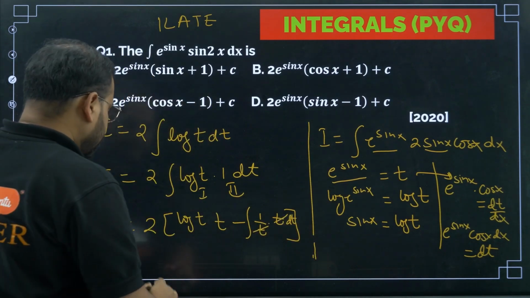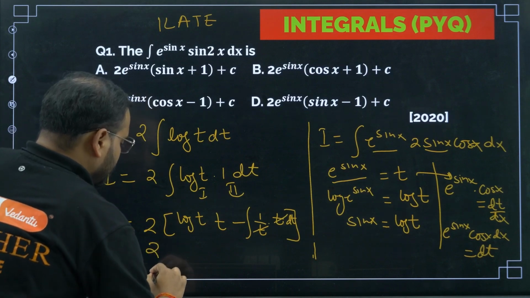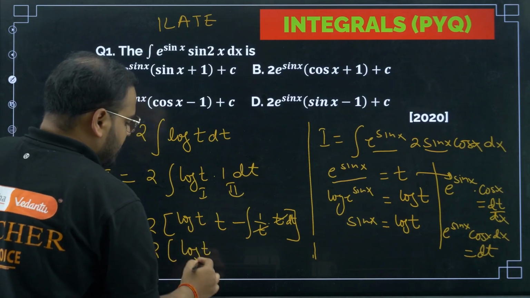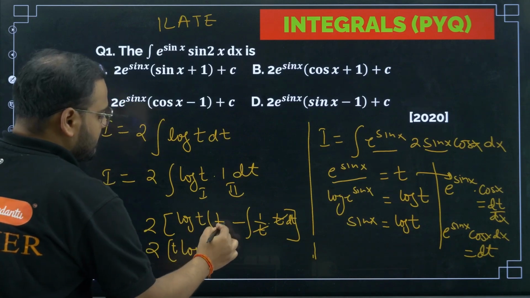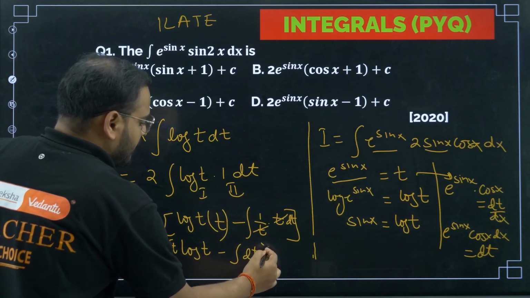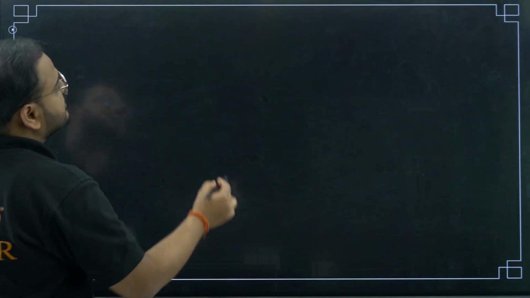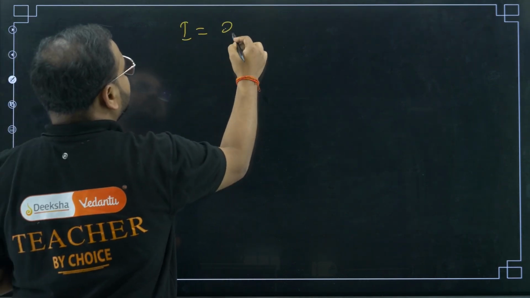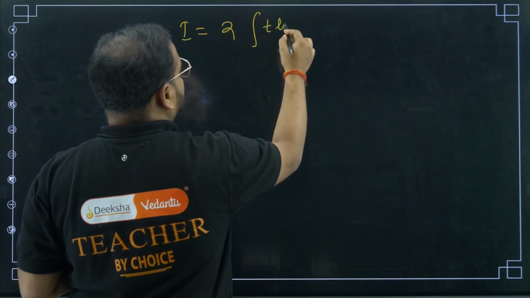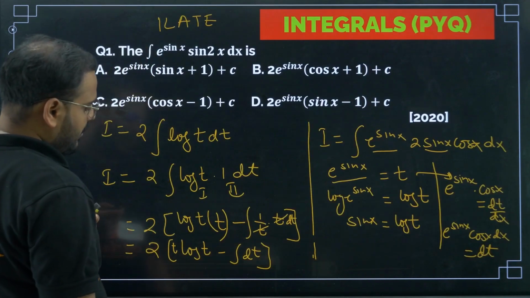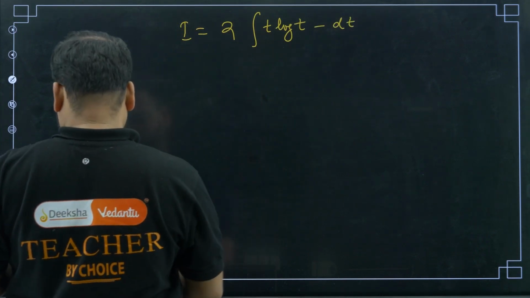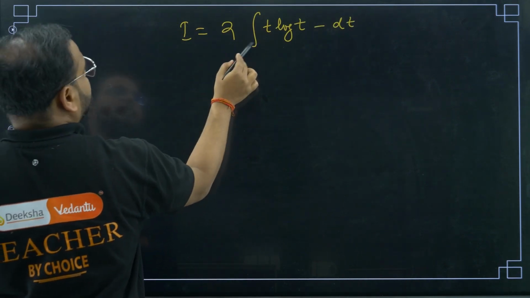So I get 2 times t log t, minus integral of simply dt. Let me do it on the next page. I equals 2 times integral of t log t minus dt. This is not an integral, this is just a bracket.